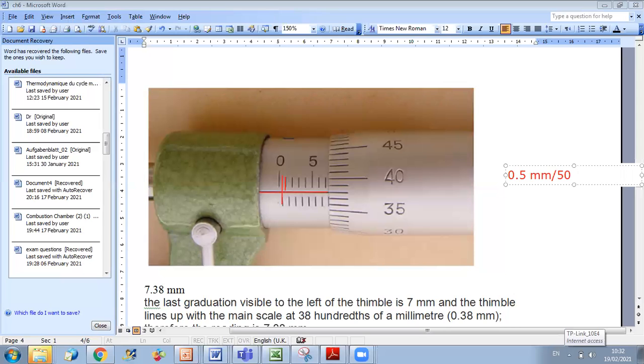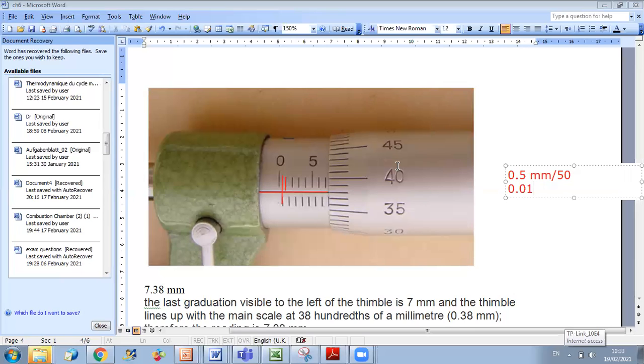So we are able to read up to 0.01 in this case. Now, in order to advance 1 millimeter, you need to do 2 complete rotations of your symbol.